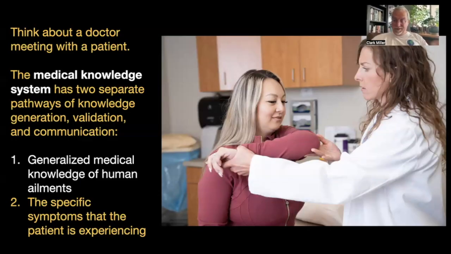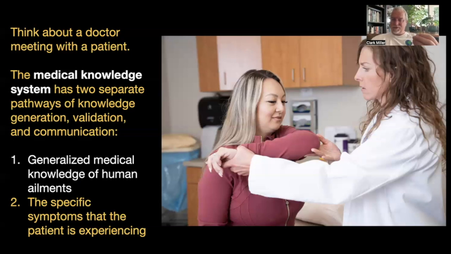So that's the diagnosis. That is, in this case, the first decision. In this case, it's the doctor making a decision, right, based on the application of the generalized medical knowledge that I have, plus the specific knowledge that I have from you as a patient.